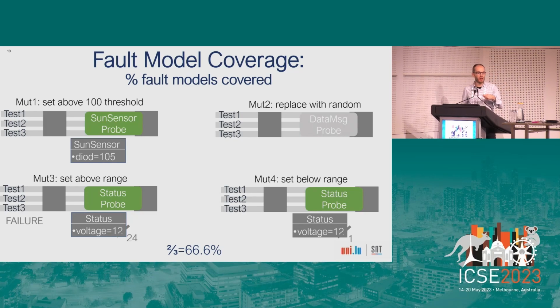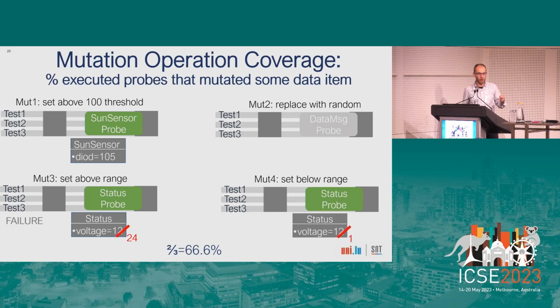And when you have a larger system, this is very useful because in the end you have a confirmation that you are exercising all the types of messages that are exchanged by the different software components. Then you have the mutation operation coverage, which reports the proportion of probes, or if you want, the proportion of mutants that are actually mutating some data items.